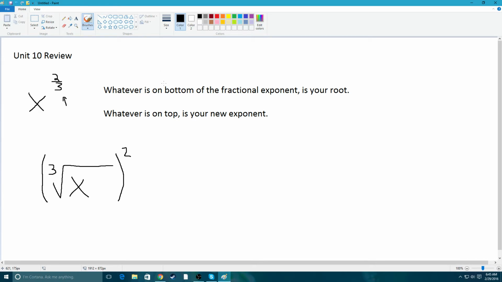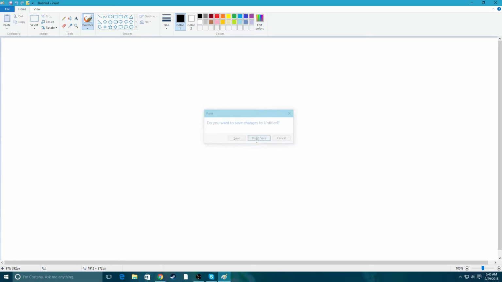Okay, next part. Let's say you've got x, and this is the 3rd root of x to the 4th power. Sometimes you'll see this exponent underneath. I just want you guys to know that this is the same exact equation.